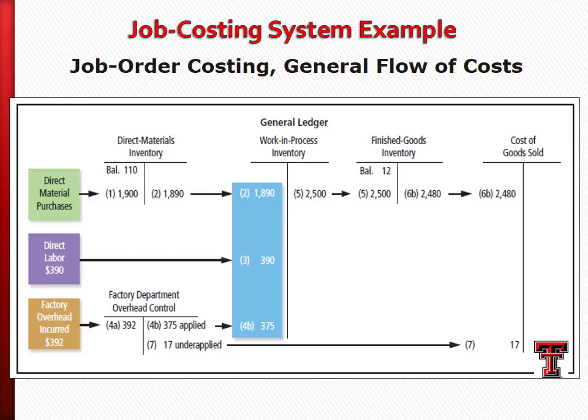And what accountants do is they take the imbalance, in this case it was underapplied overhead, and write it off to cost of goods sold. Technically that increases the cost of goods sold. Sometimes we have situations where we have overapplied overhead. That's not good either. And we back it out by charging cost of goods sold for the overapplied overhead. And in fact, that reduces the reported cost of goods sold.